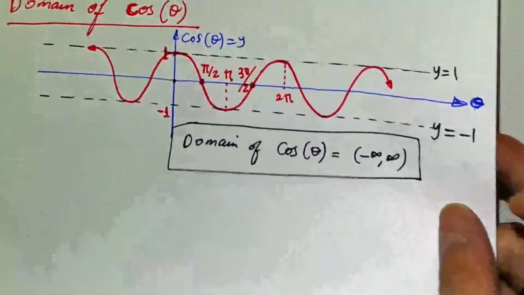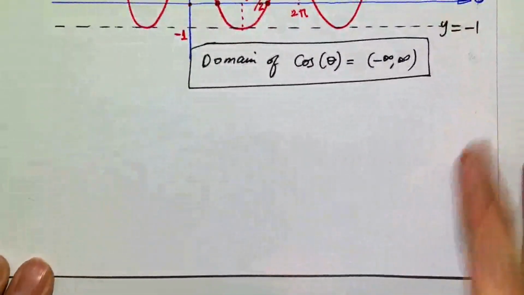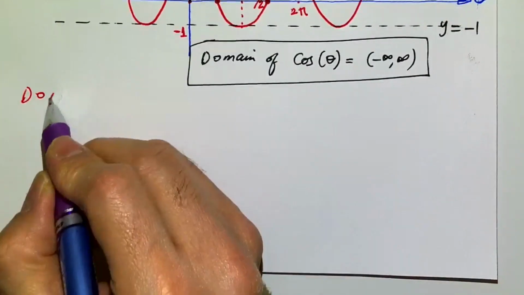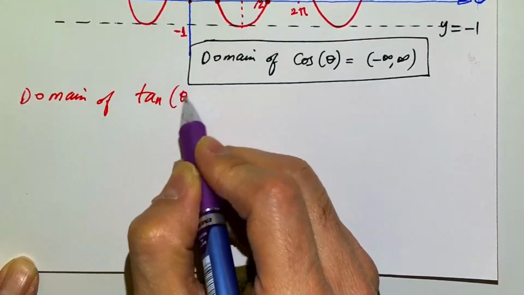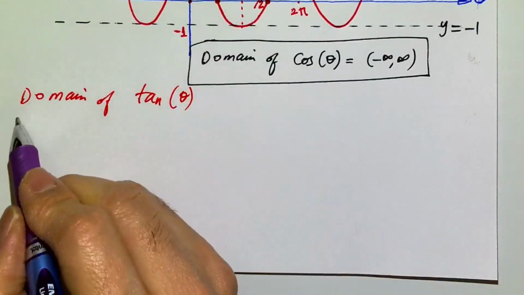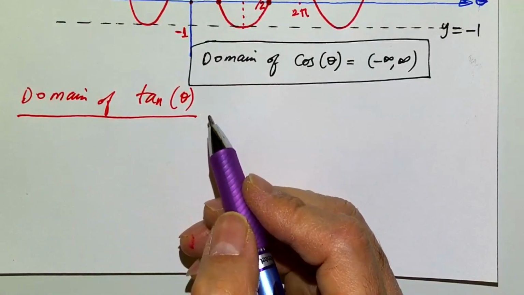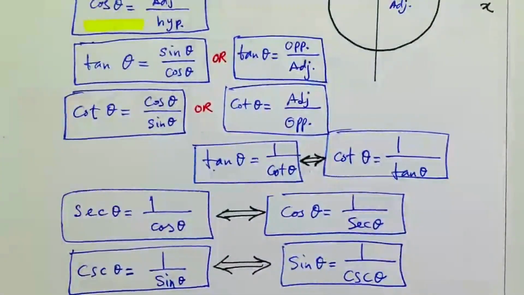Next, let's look at the tangent function. So we want to look at the domain of the tangent function. Okay. Now, this is why I was saying earlier to please memorize these basic formulas.